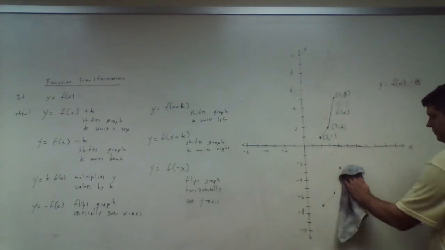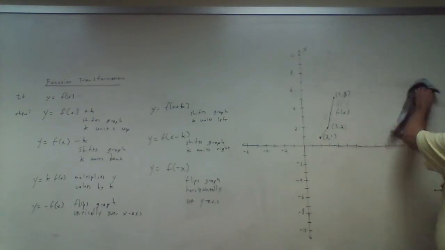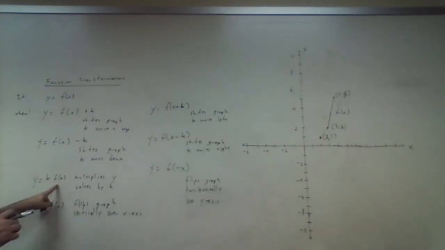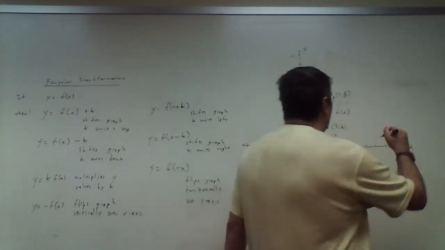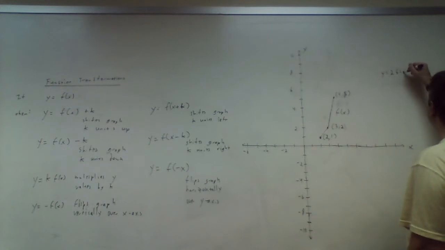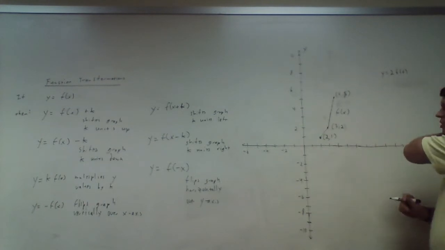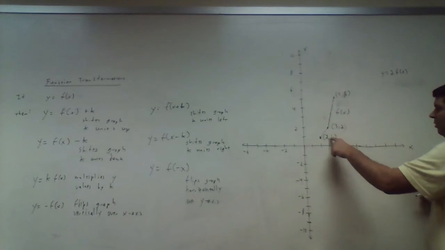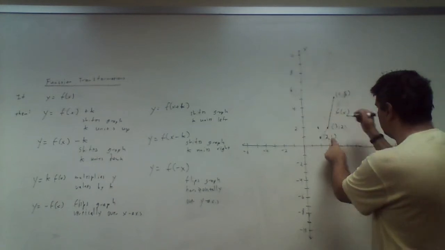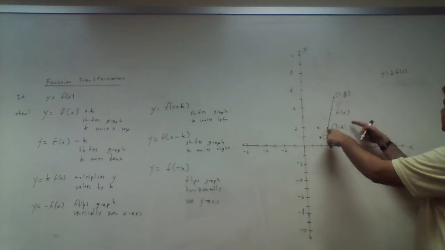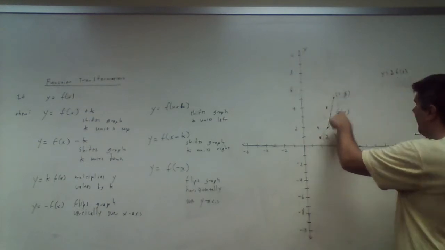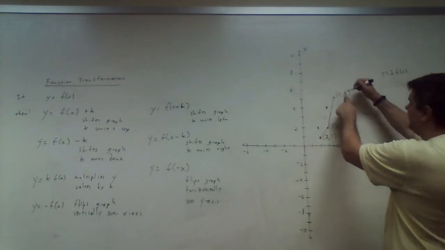Here's another one. I'm going to do an equivalent of this one. y equals 2 times f of x. So every y coordinate is going to get multiplied by 2. So 1 times 2 is 2. 2 times 2 is 4. And 5 times 2 is 10.